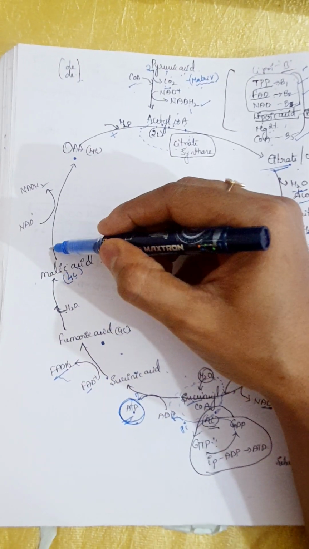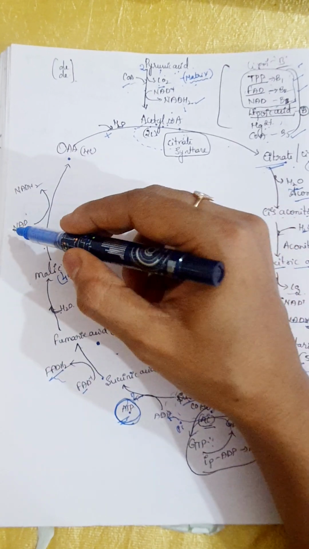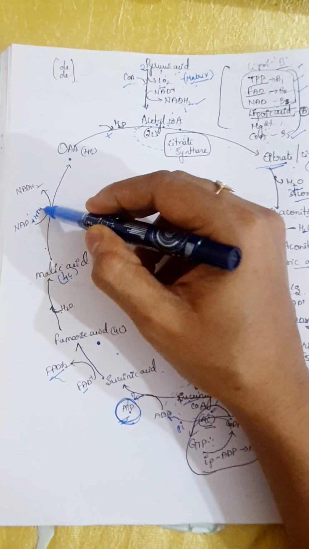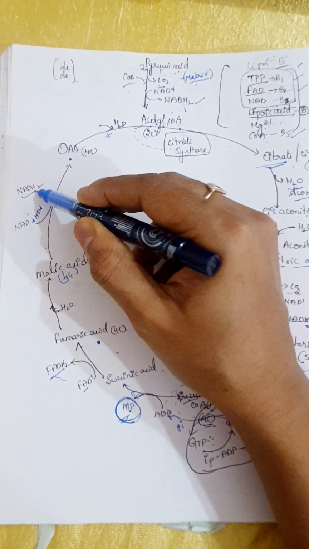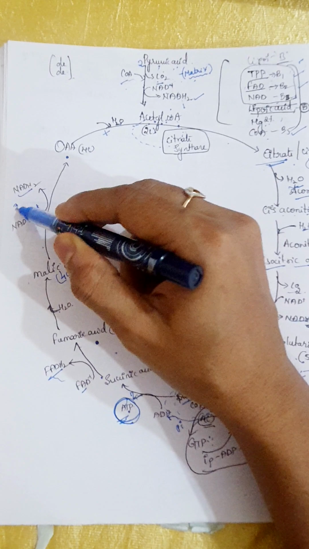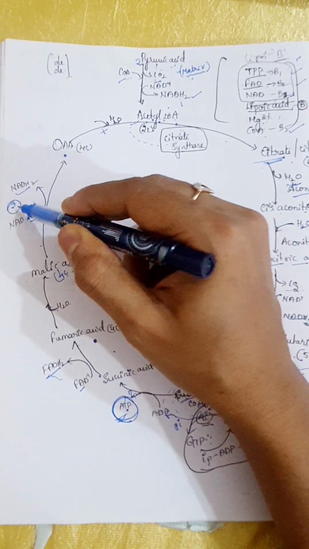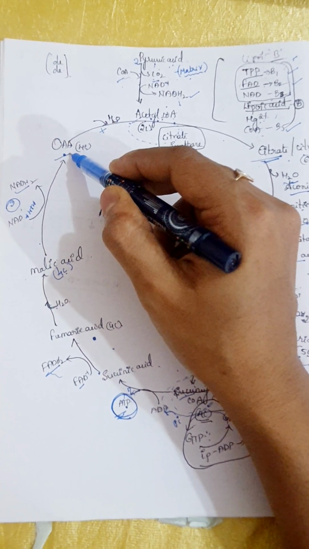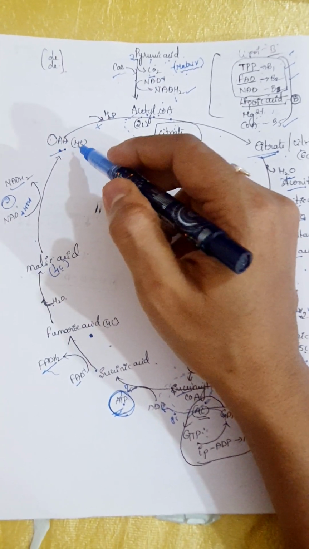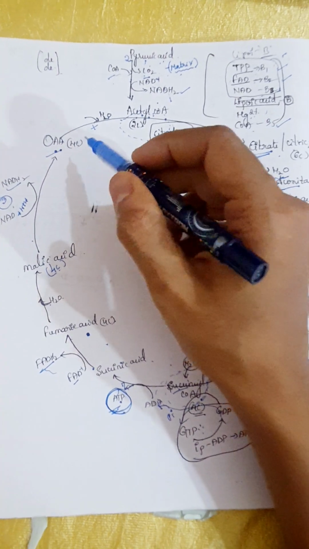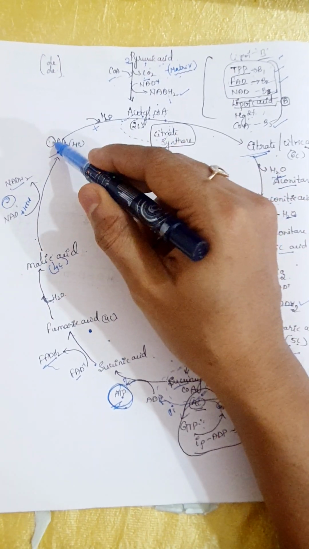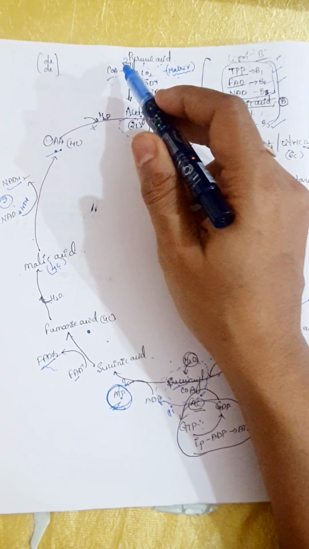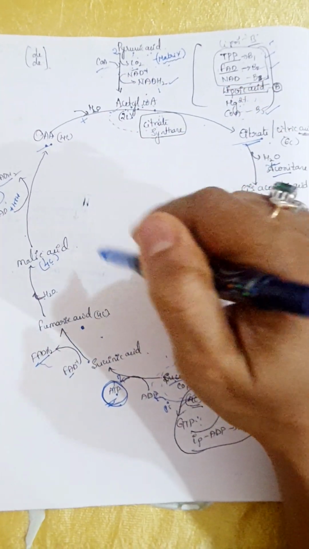Now malic acid loses its hydrogen, NAD plus accepts the H plus, and it becomes NADH2. Here the third NADH2 is produced in the Krebs cycle. Finally, oxaloacetic acid is formed. Again oxaloacetic acid combines with the acetyl. Like this, for 2 pyruvic acids, 2 Krebs cycles take place.